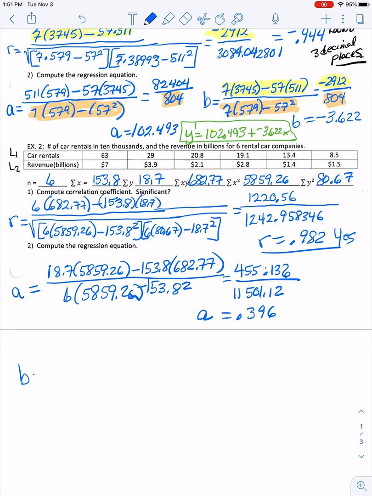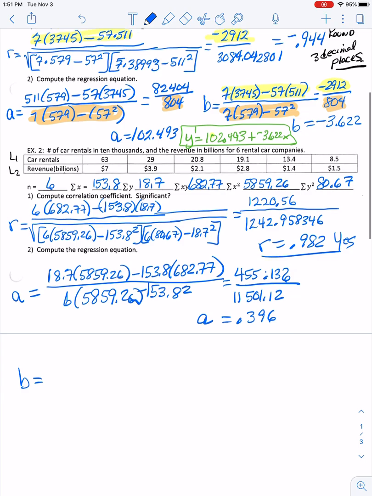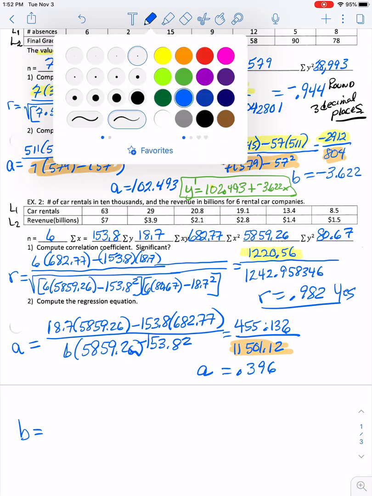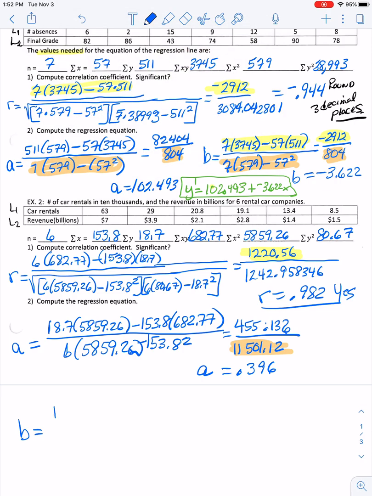Now for B, if you followed what I set up in the previous example, we can take the top of R and divide by the bottom of A, which is this guy right here. So if you wish to do that little shortcut, you have 1,220 divided by 11,501.12.